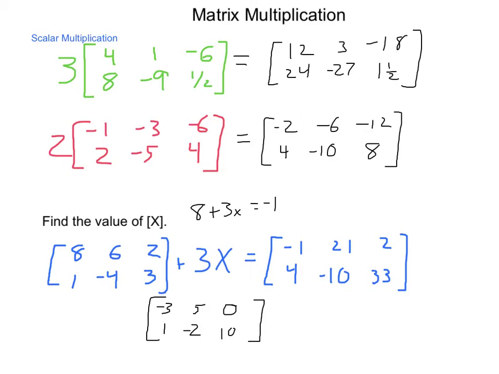The more complicated part when we're using matrix multiplication is multiplying a matrix by a matrix. So let's take a look at that rule. When we need to find the product of two matrices, let's say I have a matrix, matrix A, that is a 2 by 3.